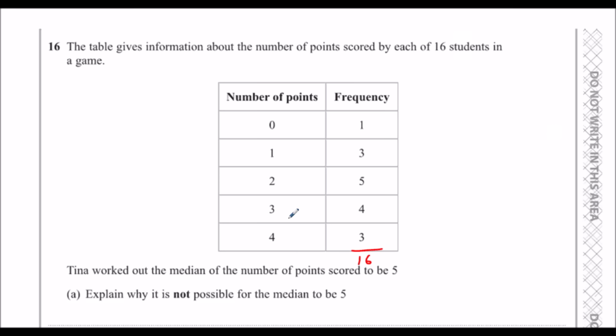So one person scored no points, 3 scored 1 point, 5 people got 2 points, 4 people got 3 points, and 3 people got 4 points. The median can't be 5 because everyone scored less than 5.